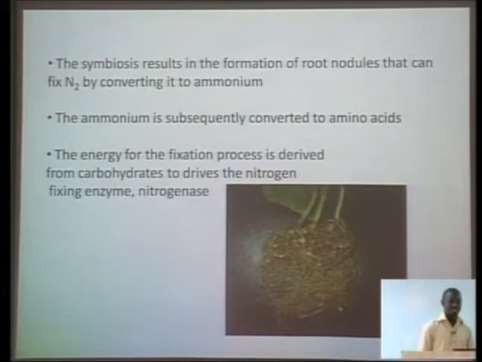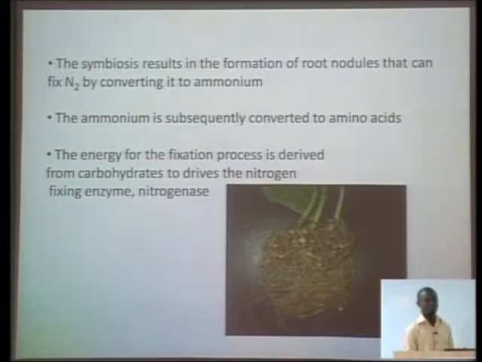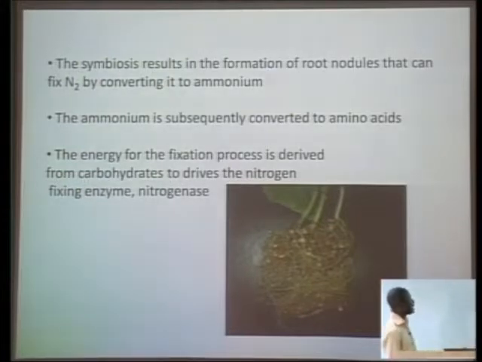The energy that is needed to drive the nitrogen fixing process is carbohydrate, and this carbohydrate is produced in the shoot of the chickpea through the process of photosynthesis. After that, the carbohydrate is translocated back into the root nodules and used as energy to drive the nitrogen fixing enzyme, nitrogenase.